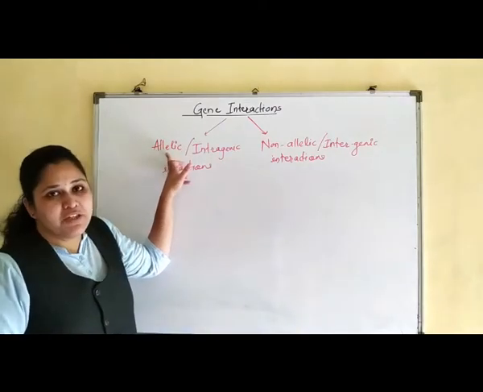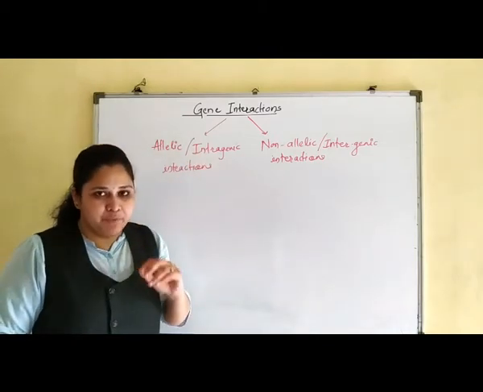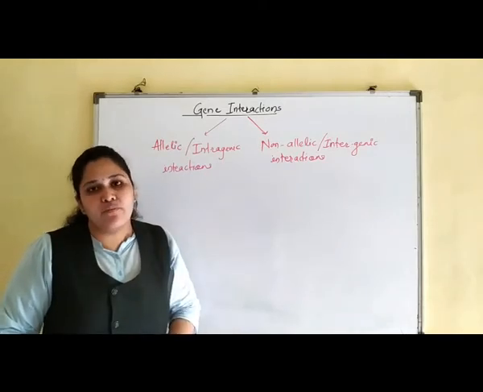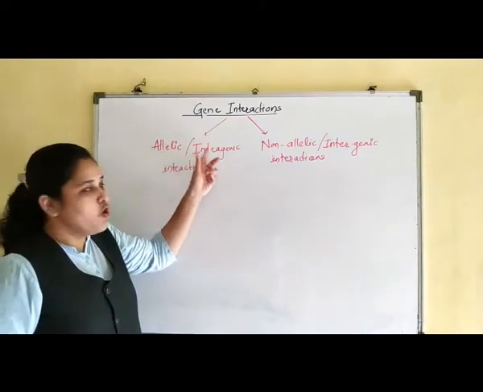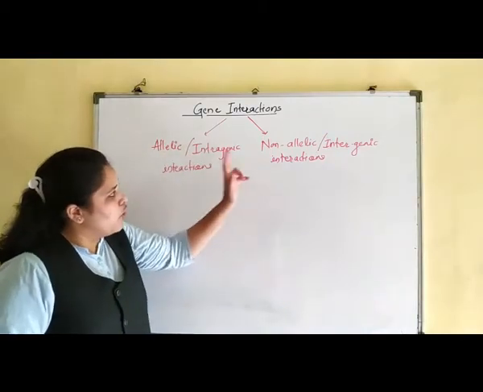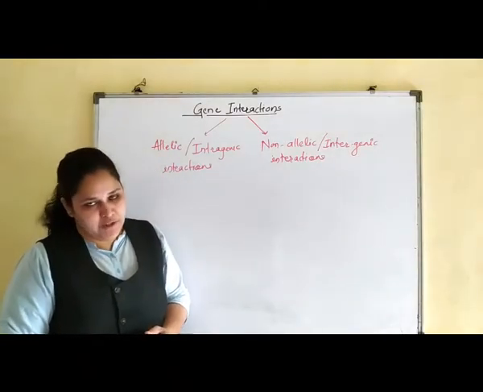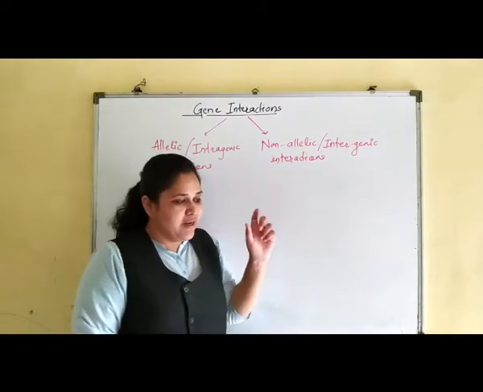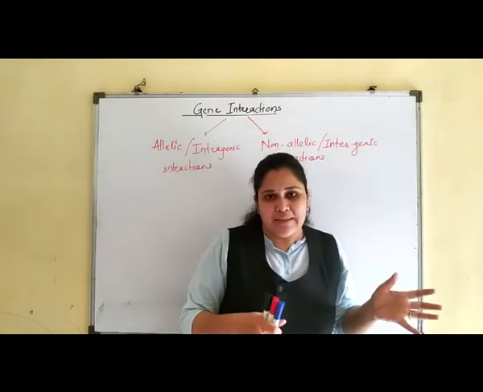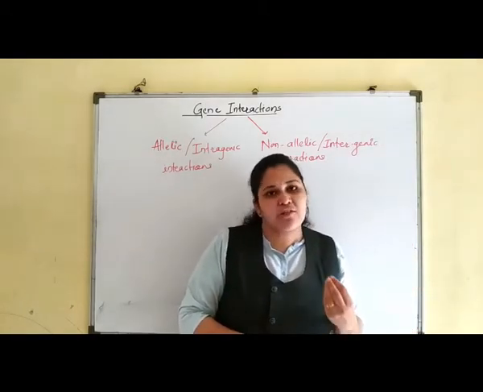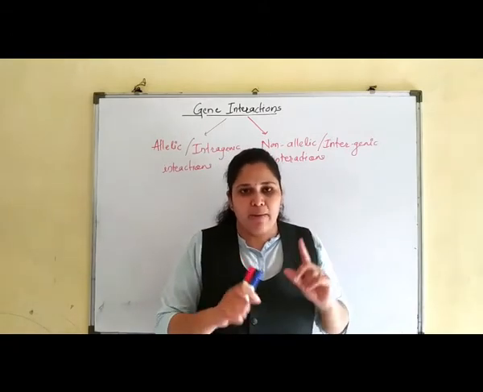So the first type of interaction is known as allelic interaction or intragenic, within a gene: one gene having two or more different alleles. Now, whenever a particular character is regulated by more than one gene, according to Mendel every character is regulated by one gene, because Mendel used features regulated by only a single pair of genes.